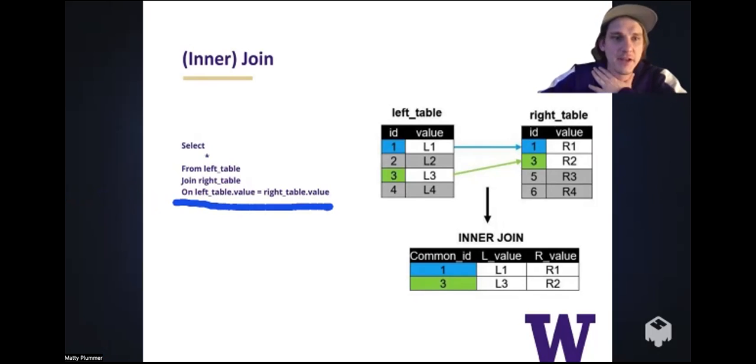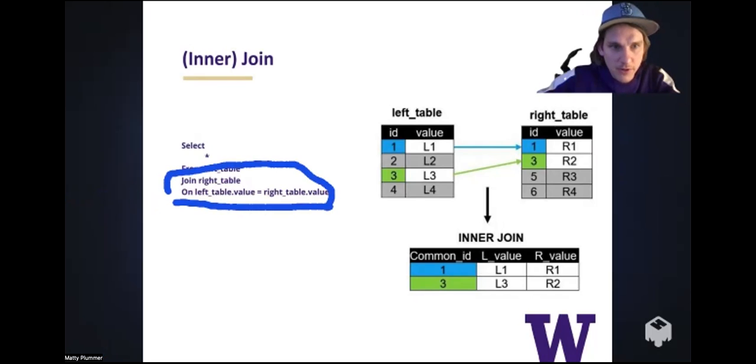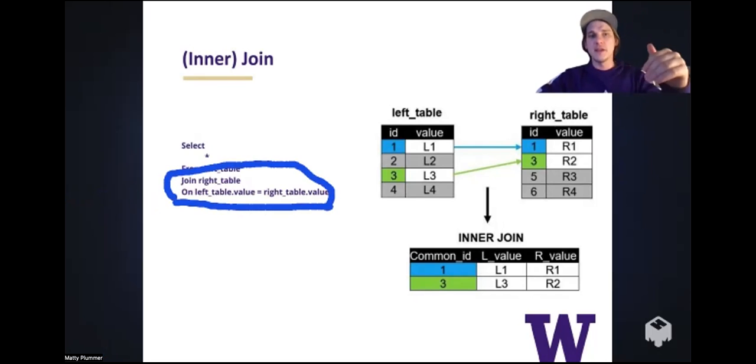So on the left-hand side here, we see the query, a basic query construct of how to initiate this join. I've underlined the last line, it's this part right here. After the select statement, you select whatever you want from some table. You now need to add a join statement to say, we've already identified the primary table, I want you to join the secondary table, and this is what I want you to join it on.